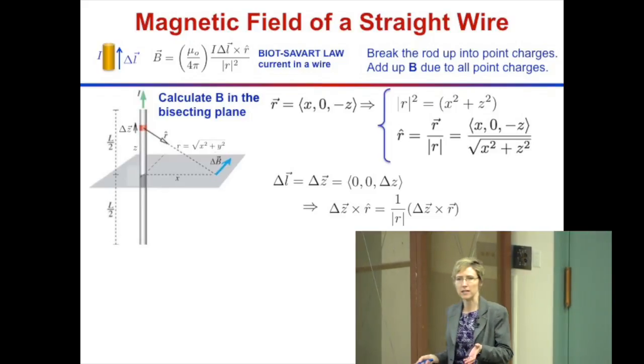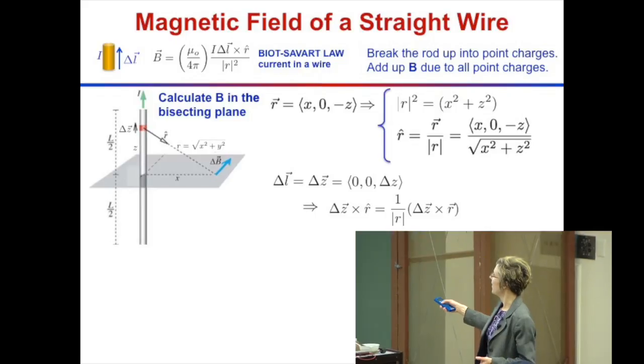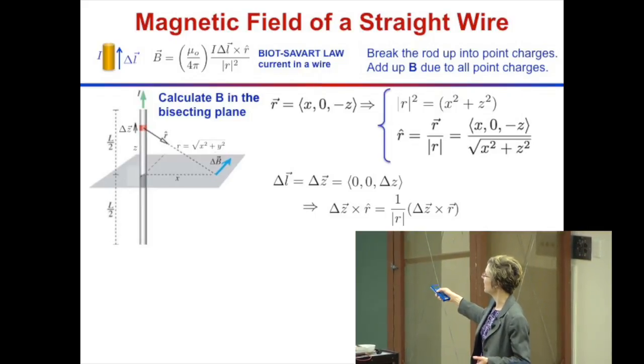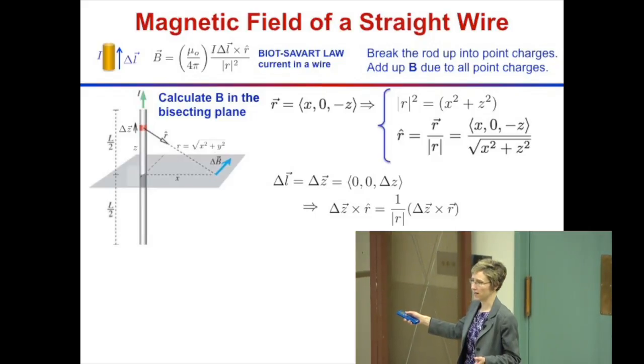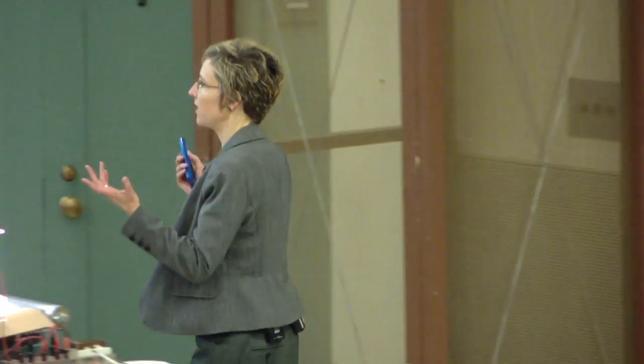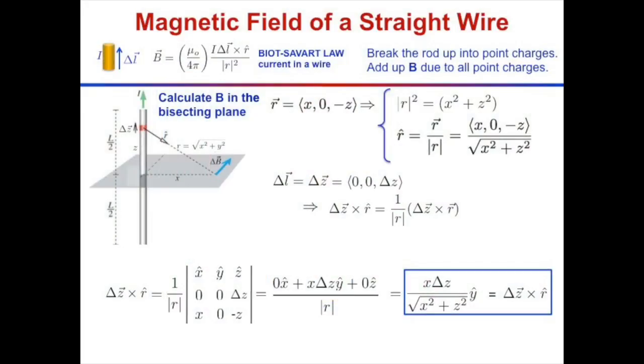So now I need delta Z cross R hat. And that's looking up here at what R hat is. I'll be taking delta Z cross R over its magnitude. And here's how to calculate that. I use determinants to calculate these cross products. So there's the 1 over magnitude of R right here.